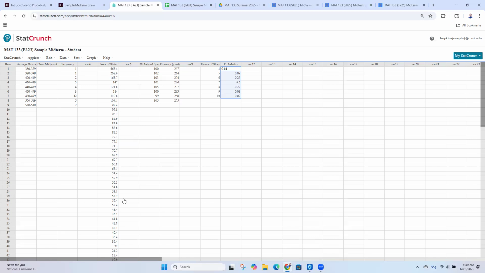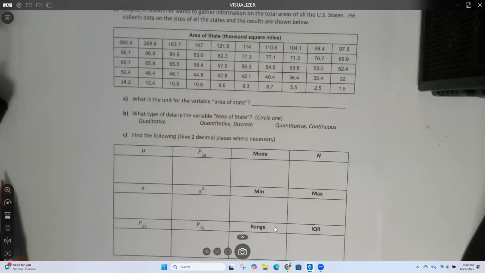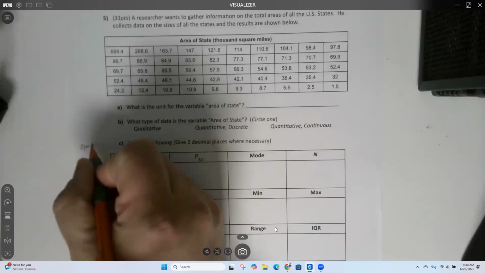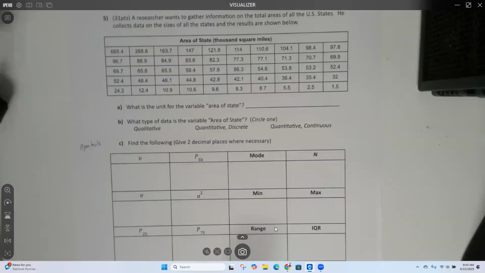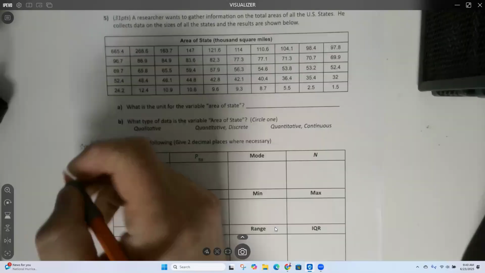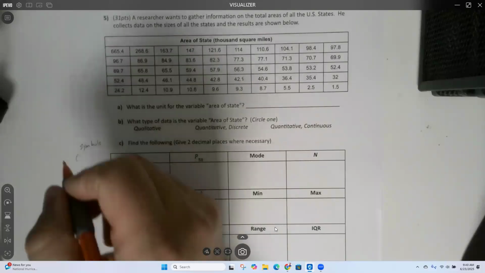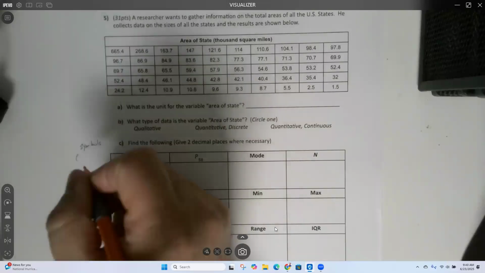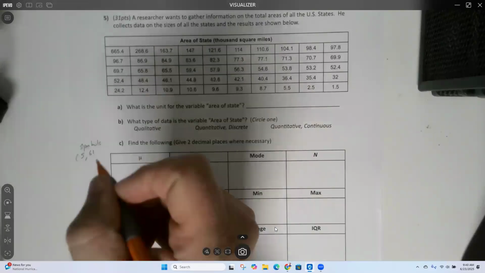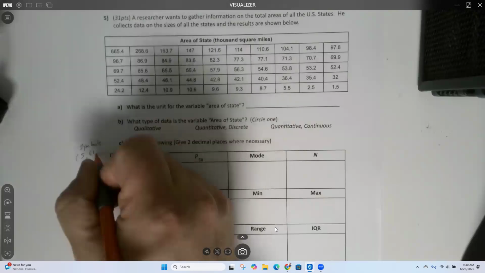Okay, so here we have it in StatCrunch. And this is the raw data. So, jumping back over to the actual worksheet, all of these symbols are in your course pack, and if you have difficulty remembering what all of these mean, like what's mu, you're going to want to write that down on your 8.5 by 11 piece of paper that you bring, because you won't be able to have your course pack to look it up.